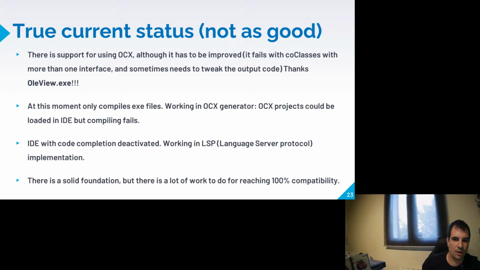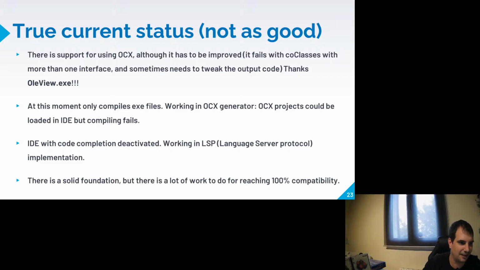And now the compiler fails with COM classes that have more than one interface, and sometimes, although the COM class has only one interface, the output code has some problems and I have to tweak it, so it is not ready for public consumption yet.